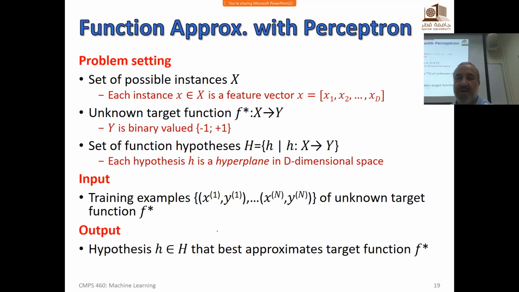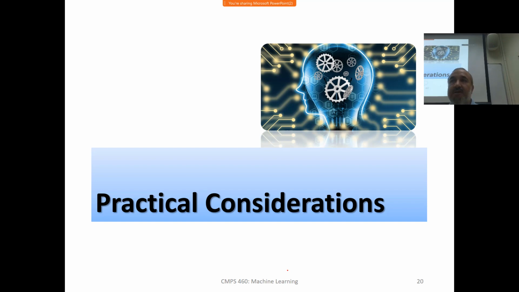The input and the output are the same as before. We have training examples, and the output will be one hypothesis that hopefully will be a good approximation to the target function that we don't know. Okay, any questions so far?